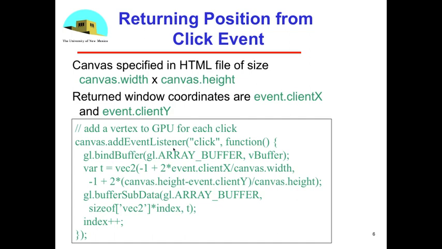So we look again at the HTML file and at the JavaScript file. The canvas is going to be, let's assume, specified in the HTML file to have size canvas width by canvas height, and what we get back from the mouse event, the mouse clicking, are now additional variables that we're going to look at, clientX and clientY, that come back with this event.